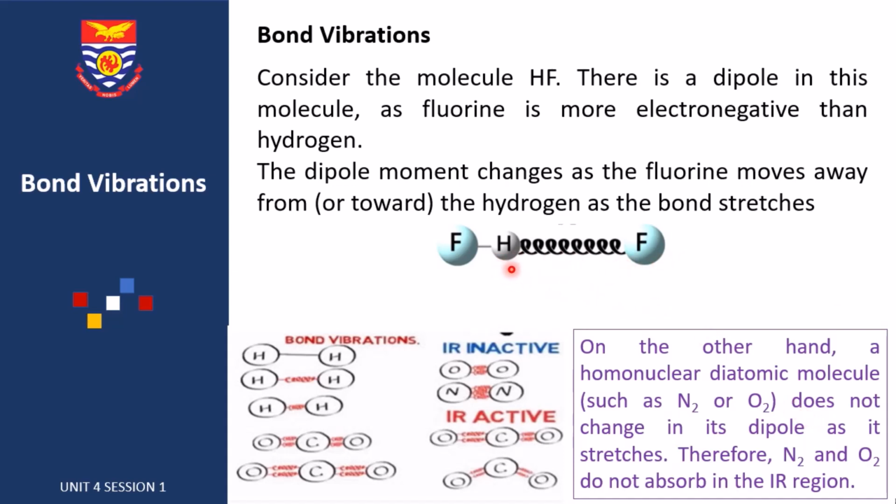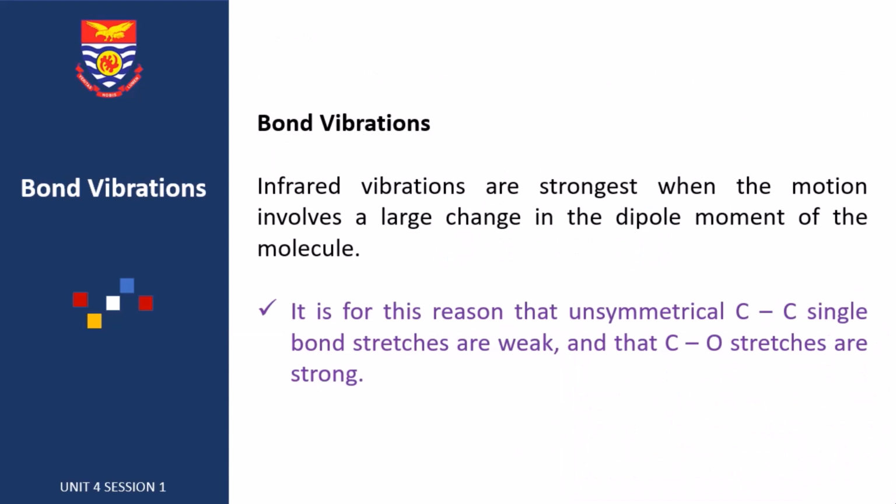So in nitrogen gas and oxygen gas, in these two molecules, no vibrational modes exist in them because of the absence of a dipole moment. Now, in the infrared region, the vibrations are strongest when the dipole moment is large.